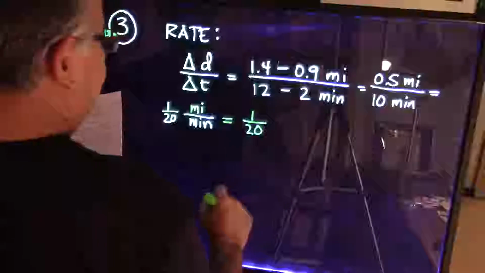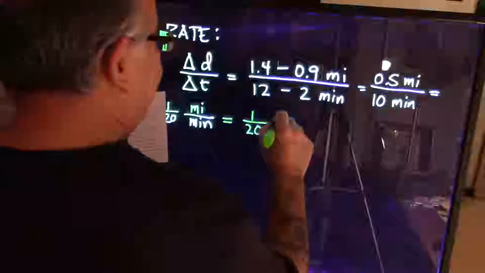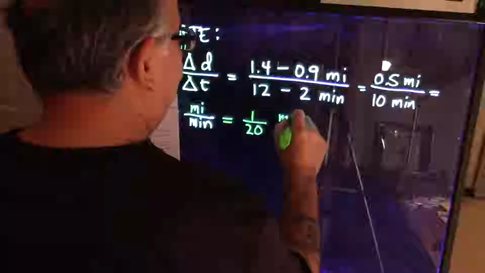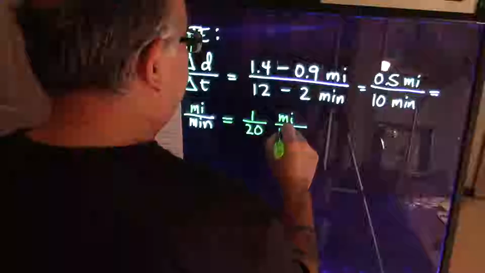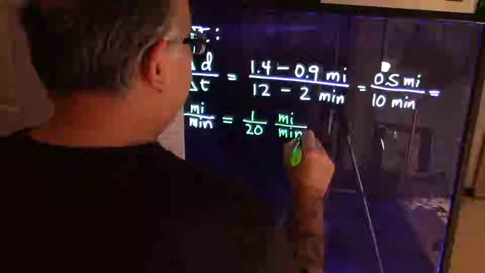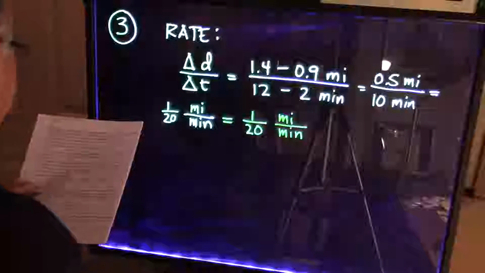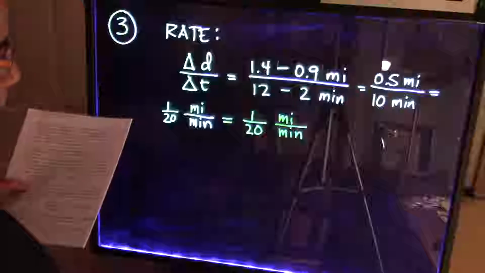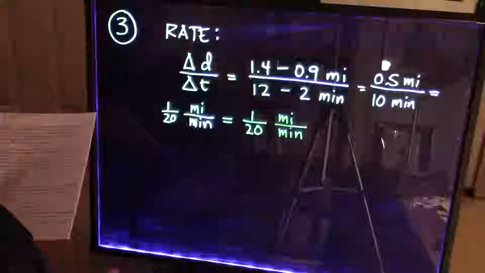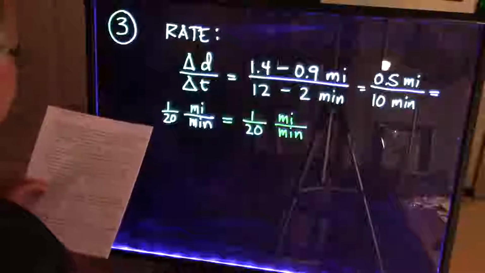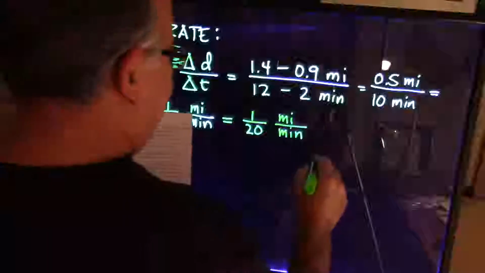So 1/20th miles per minute, I want to change that to miles per hour. I want to cancel the minutes out and somehow get hours in there. To do that, you multiply by 1.